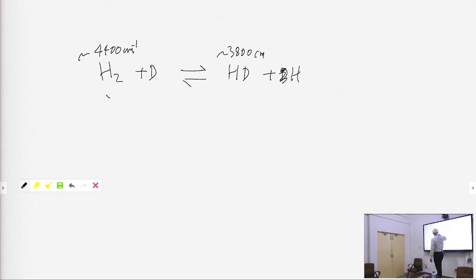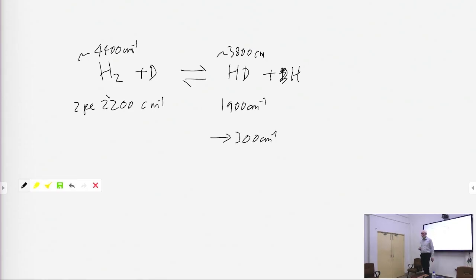Basically, that's a whole quantum, so you take half a quantum: the 0 point energy would be 2200, and the 0 point energy here would be 1900. That's the right order of magnitude. This reaction is about 300 wave numbers exothermic, so you actually gain 300 wave numbers by going on that reaction.